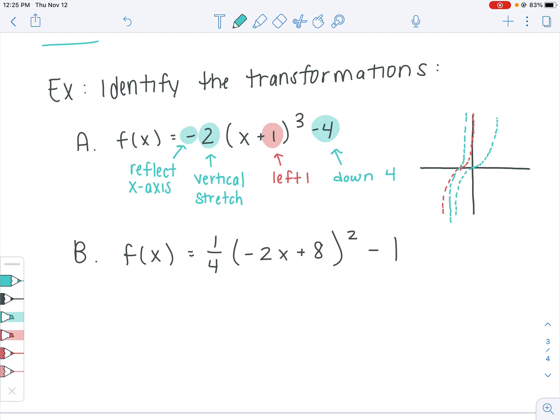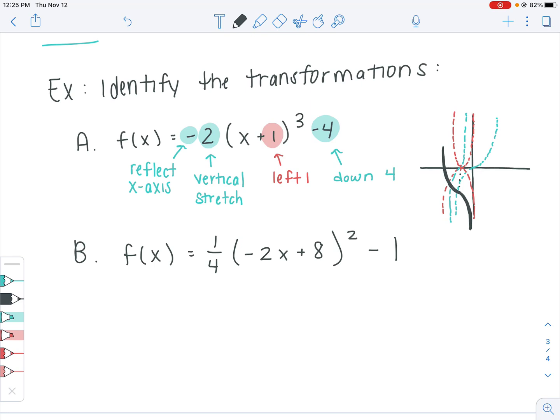Then I have to reflect it, which is going to take it now and keep it at the same point, but flip it. And the last thing I have to do is move it down 4. So since I'm here and I'm moving down 4, I'm going to 1, 2, 3, 4. And my graph looked like this. So I have to make sure I do it in the correct order in order to decide what my graph is going to look like.